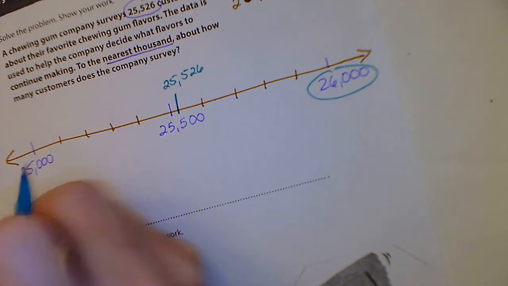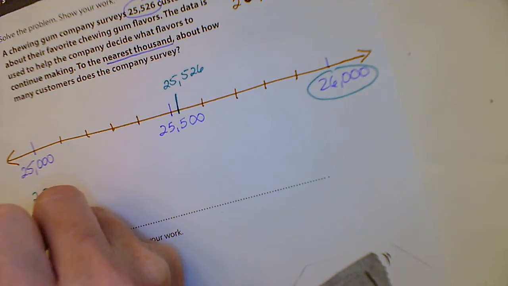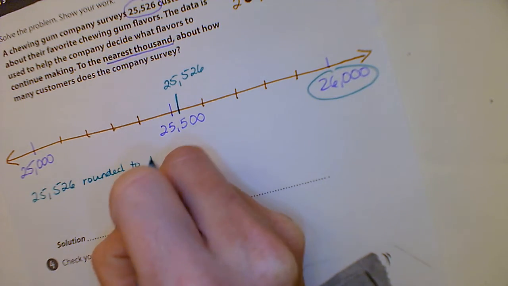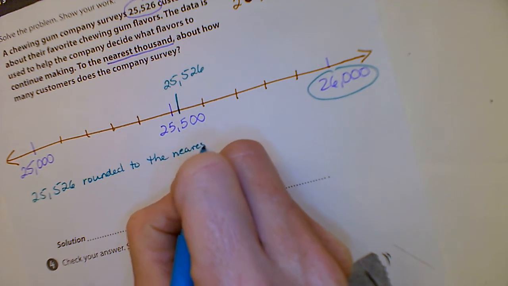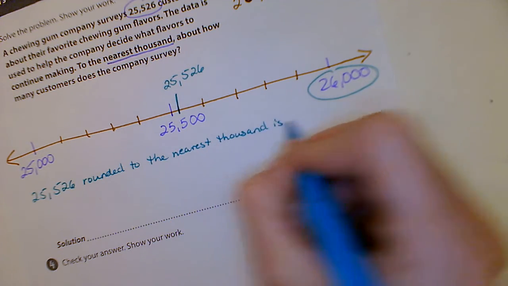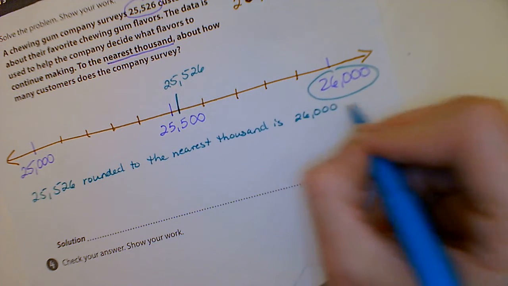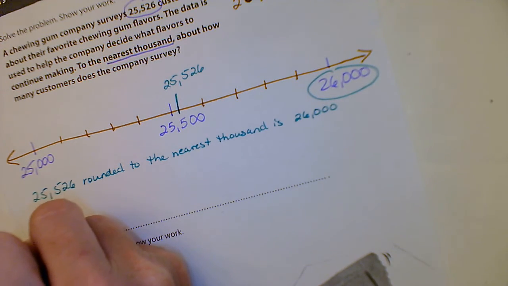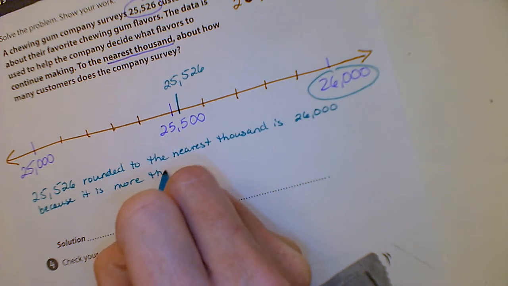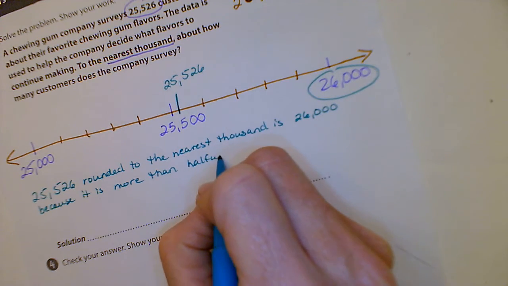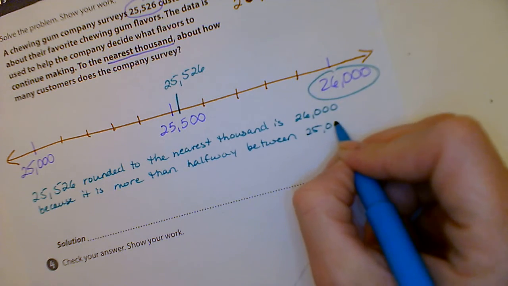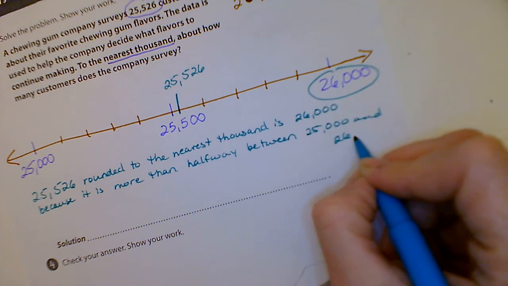We're going to say that 25,526 rounded to the nearest thousand is 26,000 because it is more than halfway between 25,000 and 26,000.